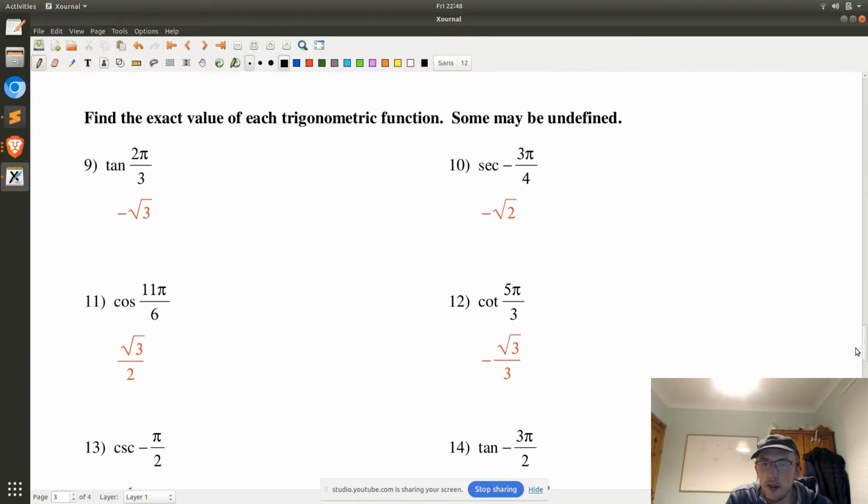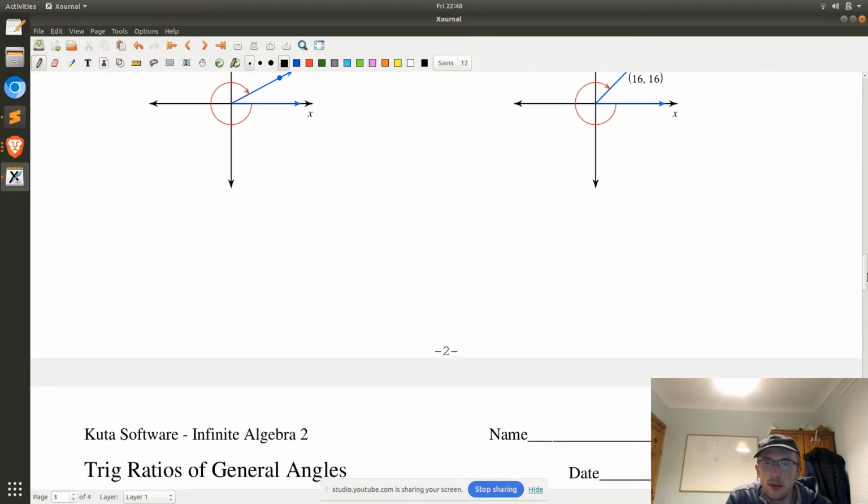Which, if we rationalize the denominator, yes, is negative root 3 over 3. Okay.